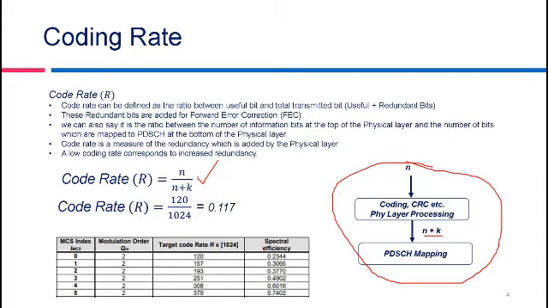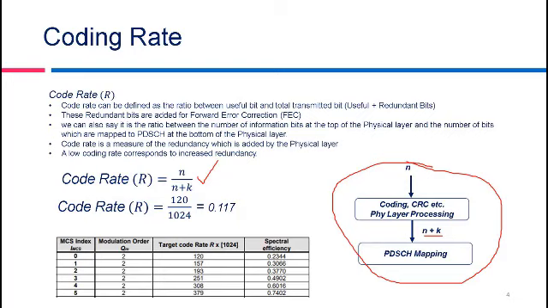Here we can also see a calculation for the code rate using a table from 3GPP. This table is basically the MCS table from the physical layer spec.